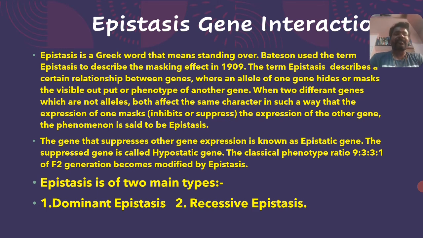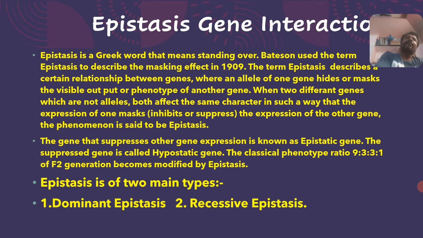That phenomenon is called epistasis. The gene that suppresses the other gene's expression is called the epistatic gene. The suppressed gene is called the hypostatic gene.